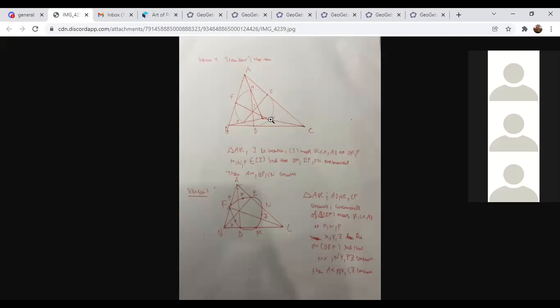Okay, I like that. So once we know that, that solves it.